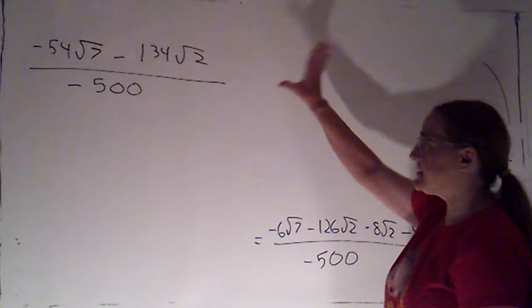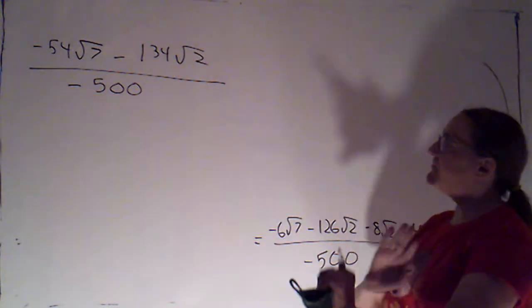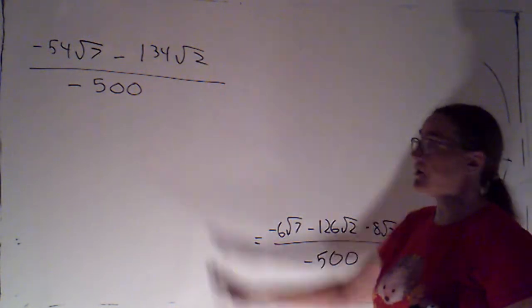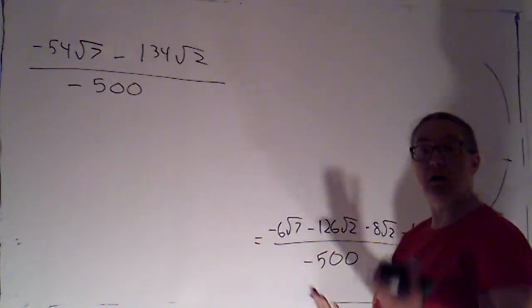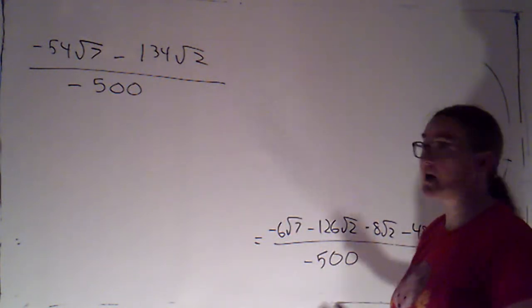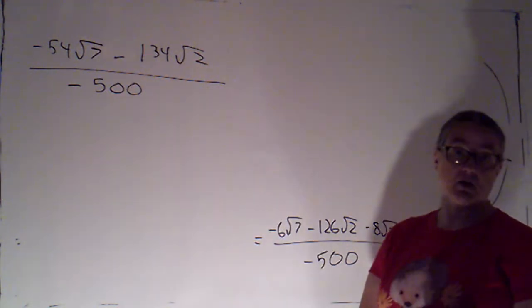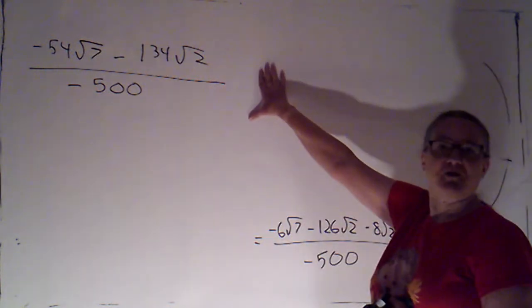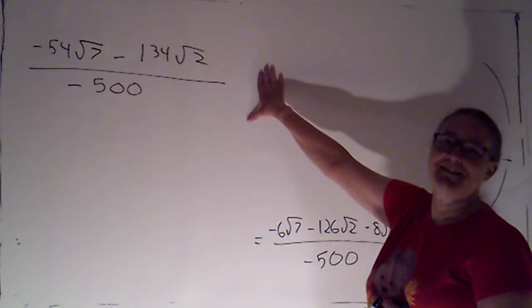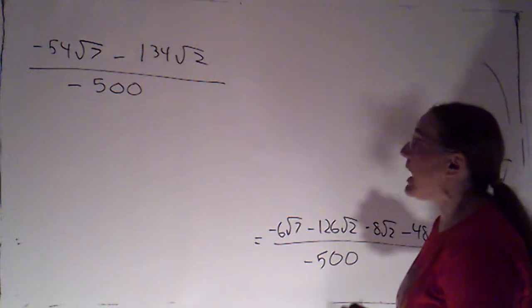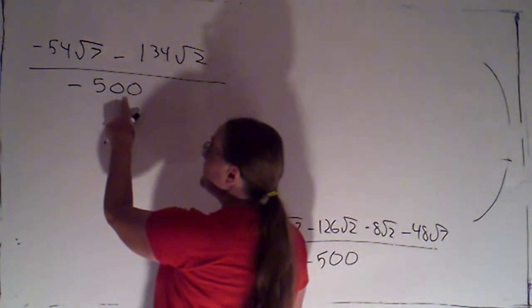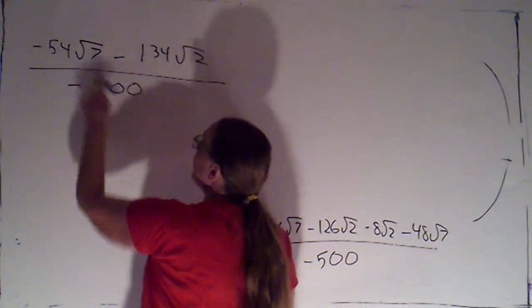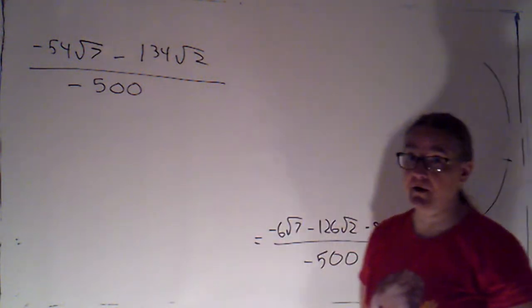Okay, I've got a simple fraction. I've dealt with all of the roots. So there are no roots in the denominator, and all of the roots were simplified as much as possible, and then I combined like terms. But this is a fraction, and fractions need to be in lowest terms. Now, I cannot cancel the 500 with just the 54 or just the 134.